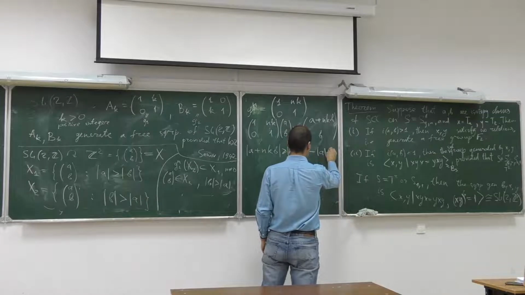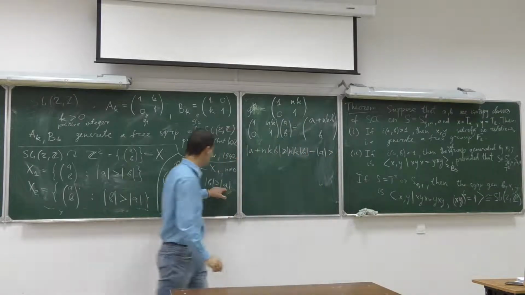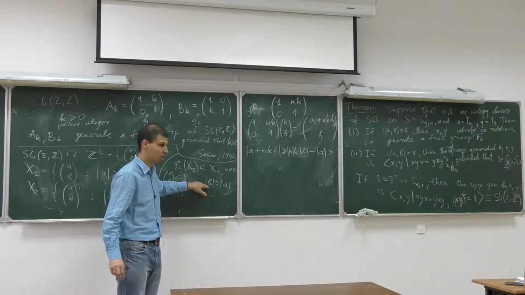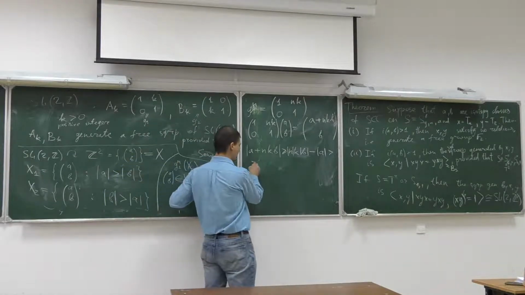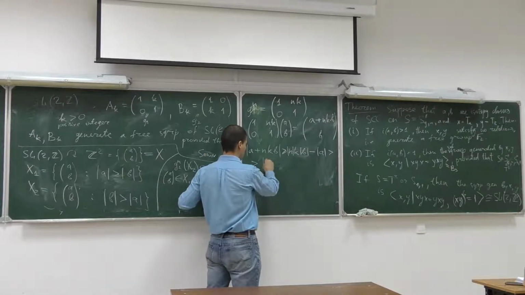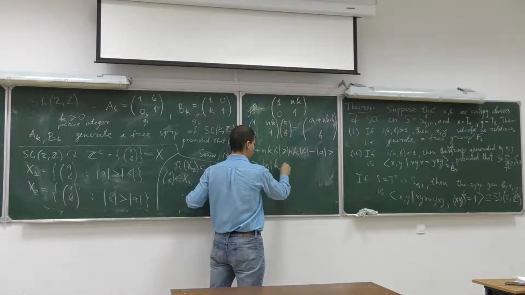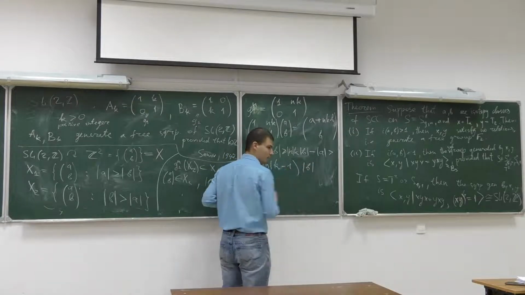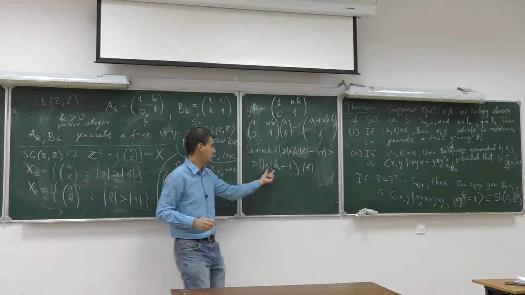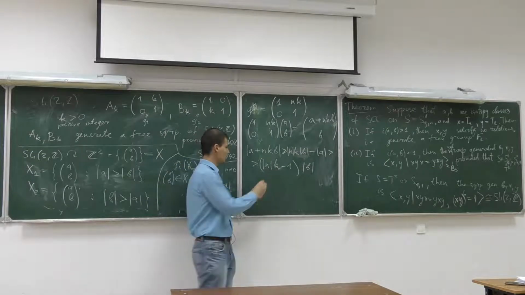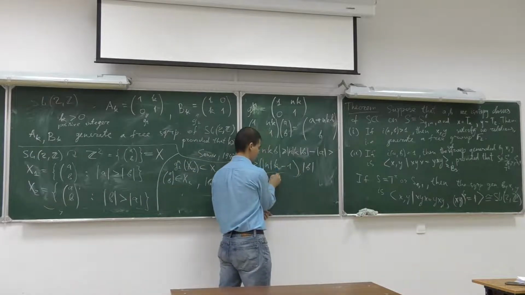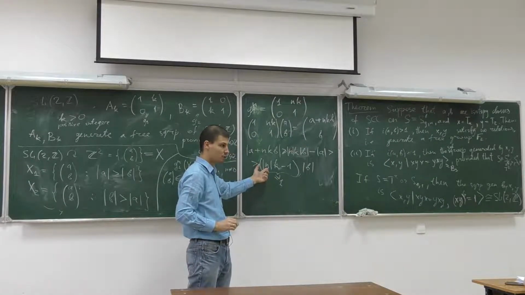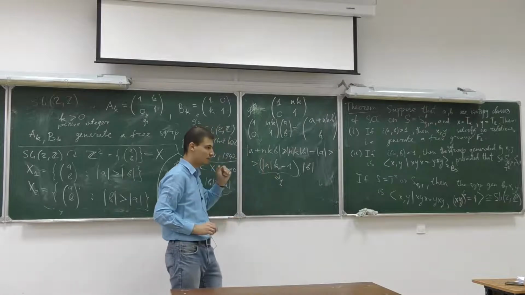Since the absolute value of A is smaller than the absolute value of B, this is strictly greater than minus one times... but here this is at least 1, since n is a non-zero integer and k is at least 2.